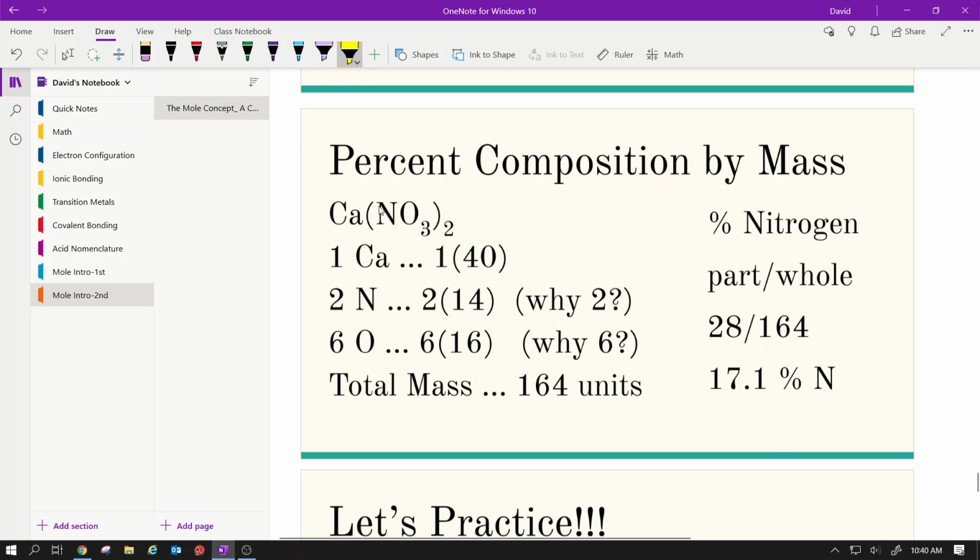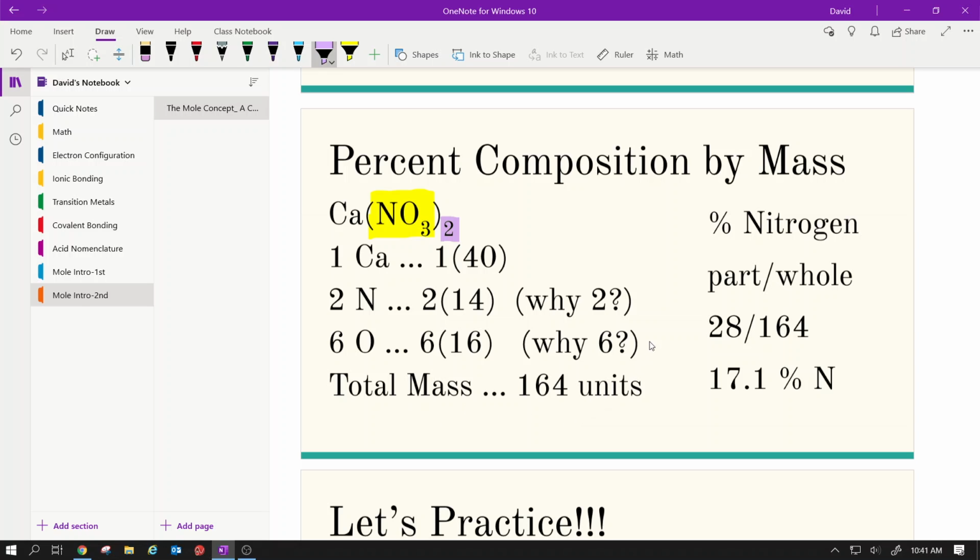What I want you to see is this nitrate, this whole yellow ion is multiplied by 2. So 2 times 1, remember there's an implied 1 here. 2 times 1 means that there are 2 atoms of nitrogen, multiplied by 14 for its mass. Oxygen, there's 3 in each nitrate, but there are 2 nitrates, which means there are 6 oxygens. So 6 oxygens, 6 times 16. When you multiply all that together, the total mass of calcium nitrate, its formula mass or molar mass, is 164 units.